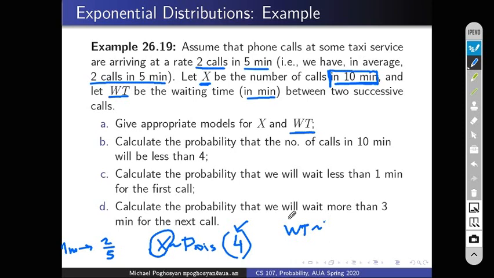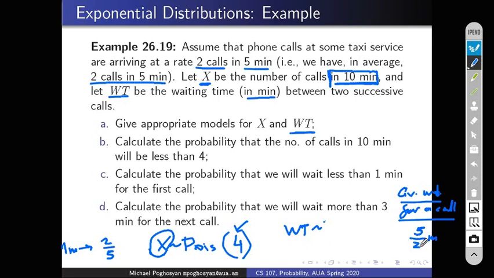So to that end, I can calculate in 2 ways. Say, calculate the average waiting time for a call. So what is the average waiting time for a call? Let's look here. We have 2 calls in 5 minutes. So because we have 2 calls in 5 minutes, the average time between calls is 5/2 minutes.